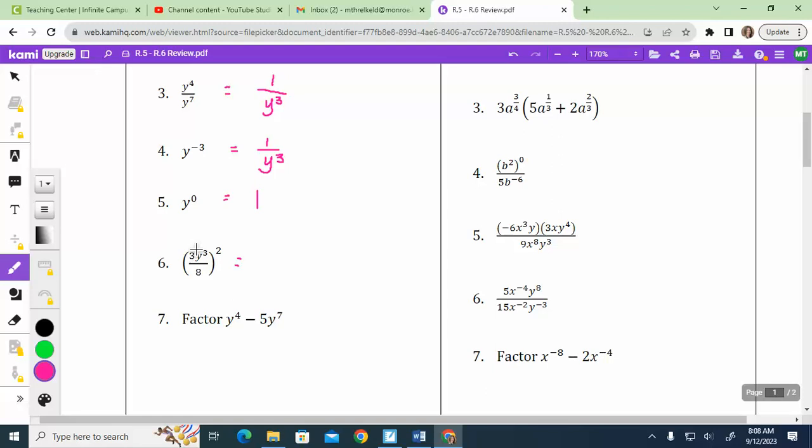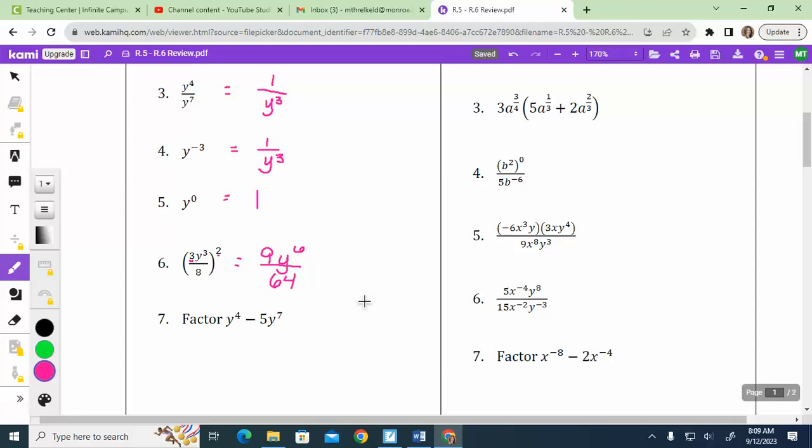It goes to all of these. So it becomes a 3 squared, which is 9, a y to the, multiply those exponents. On the bottom, it would become 8 squared, 64.